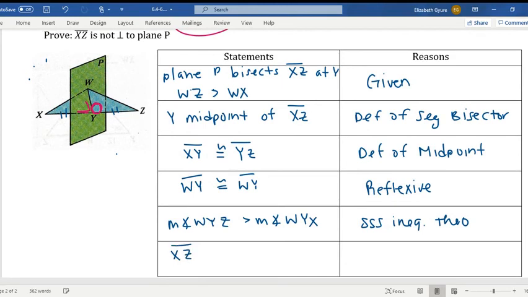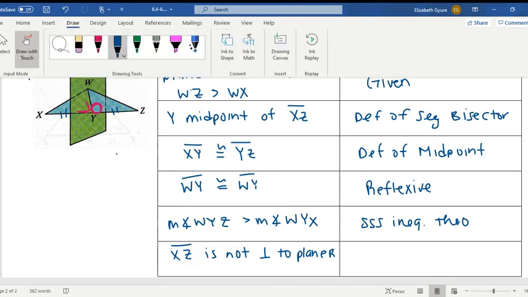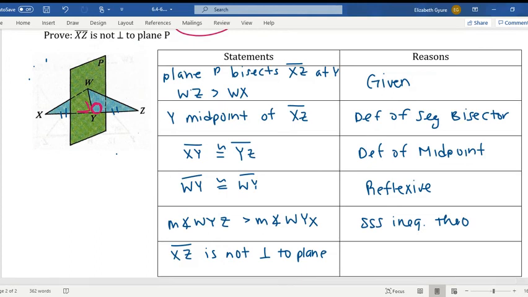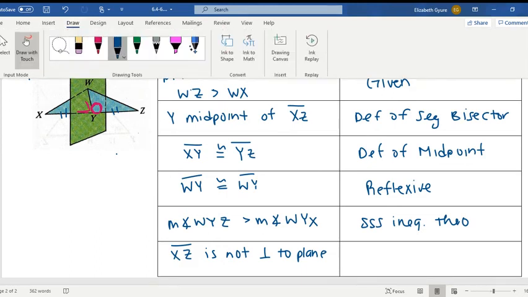Segment XZ is not perpendicular to plane R. And couldn't you almost use some of the things you learned in an indirect proof here?